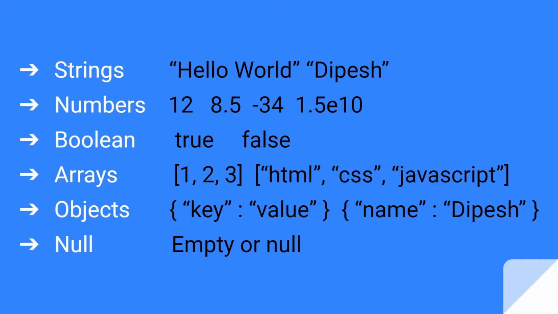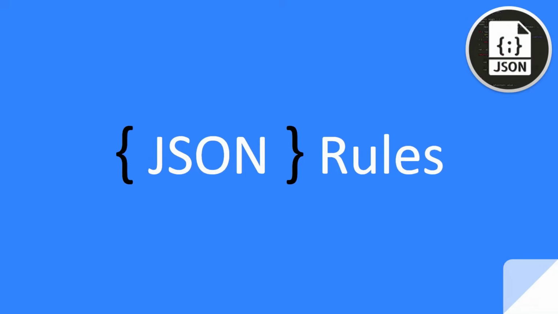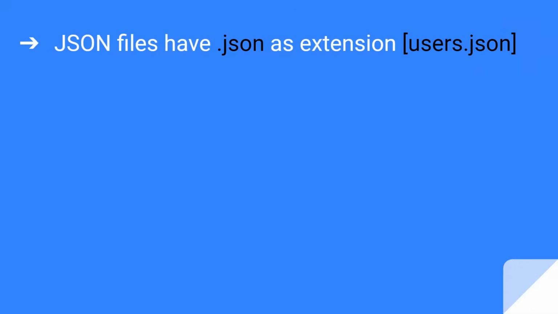So in order to write valid JSON, there are certain rules that we need to take care of. The first one is the JSON file should always end with .json as the file extension. You can see in the example we have users.json.